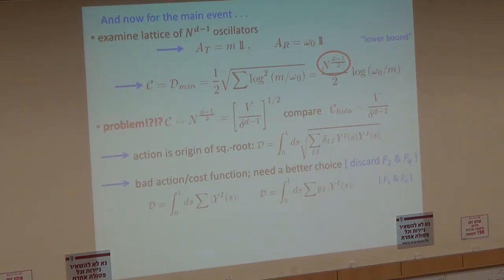I could use that, or we might have higher exponents. And any one of these cost functions will, it turns out, give me a leading contribution in this particular problem that looks like holography, where there's a power of n to the d minus 1, or that volume over the cutoff to the d minus 1. So this is a better set of cost functions to think about if I want to compare to holography.